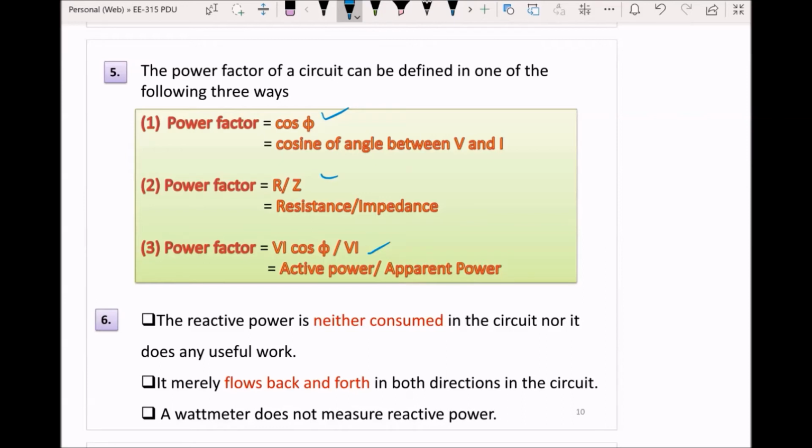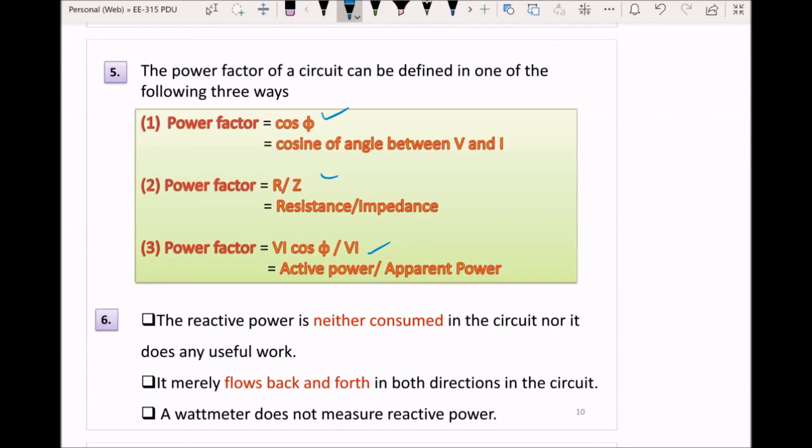So, as I said, the reactive power can only happen in a circuit because of the reactive component of the circuit. That reactive component could be an inductor or a capacitor, and depending on the nature of the reactive load, the phase difference will behave. So that is the role of reactive power.